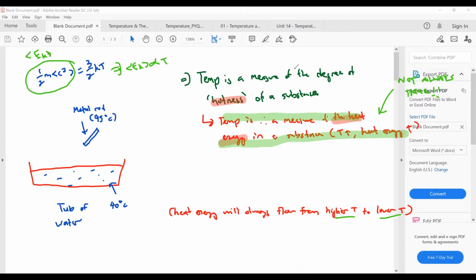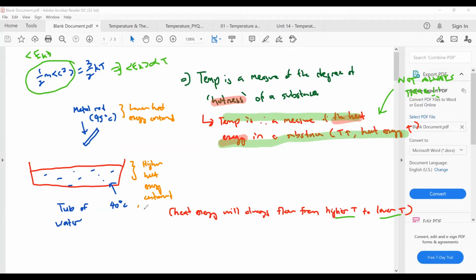Okay, if you look at the volume difference between the metal rod and the tub of water, or rather if you consider all the molecules of the water inside the tub versus all the molecules in the metal rod, you can say that the water has higher heat energy contained, and the rod has lower heat energy contained.